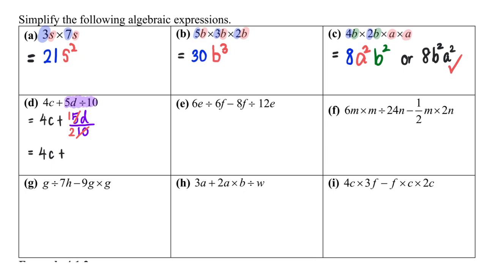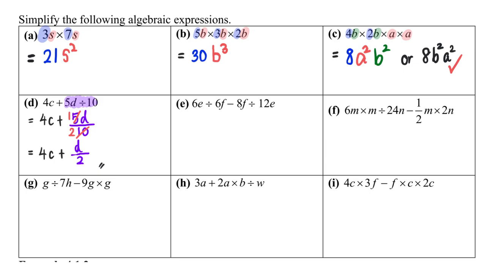So the final answer would then be d times 1, 1d over 2. And at this stage, this is sufficient for the answer. We have successfully simplified it already. Okay?